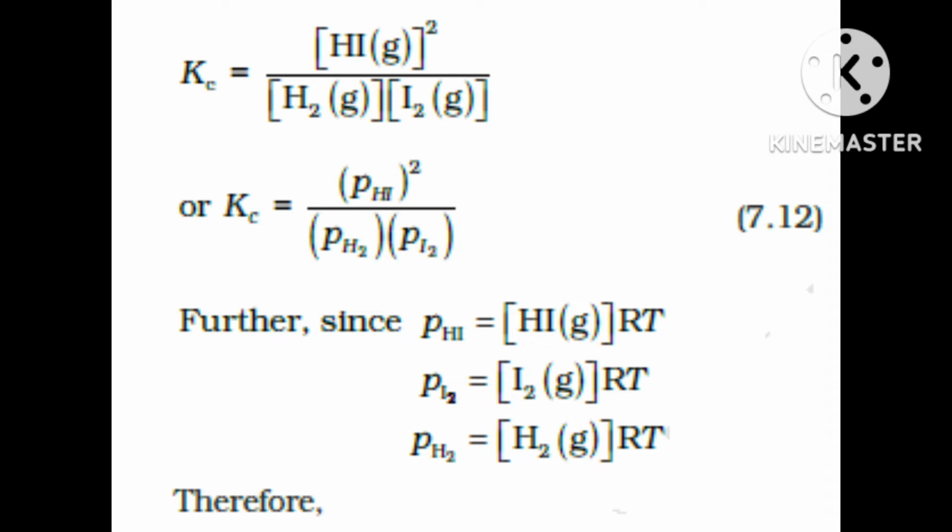Then PHI is equal to concentration of HI into RT, and pressure of H2 is equal to concentration of H2 into RT, and pressure of iodine is equal to concentration of I2 into RT. Then all these terms you have to replace in the Kc expression you have written.